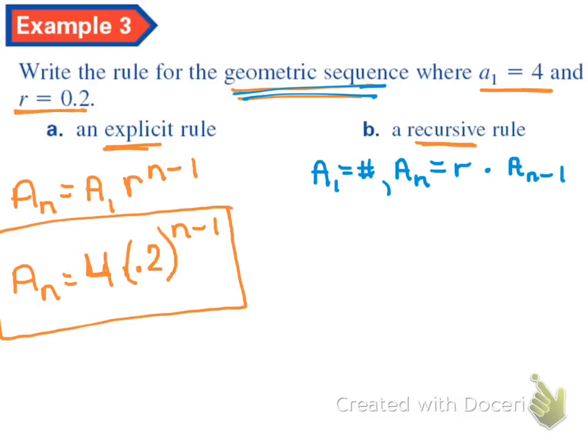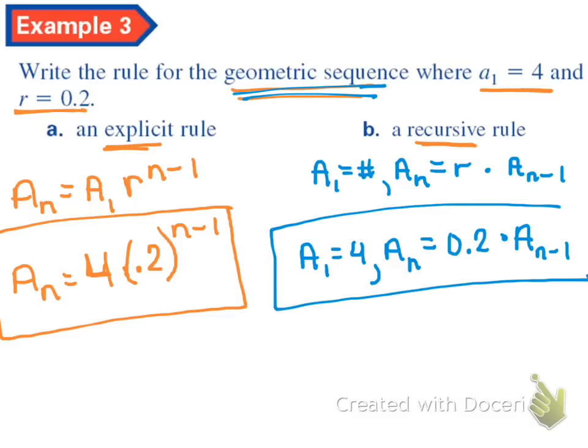So all we need to know is what is the rate and multiply it times the previous term. So for this rule written as a recursive rule, our first term is 4, and then every term after that first term is found by multiplying the rate, which is 0.2, times the previous term, a sub n minus 1. That's it. This is the rule written as a recursive rule.